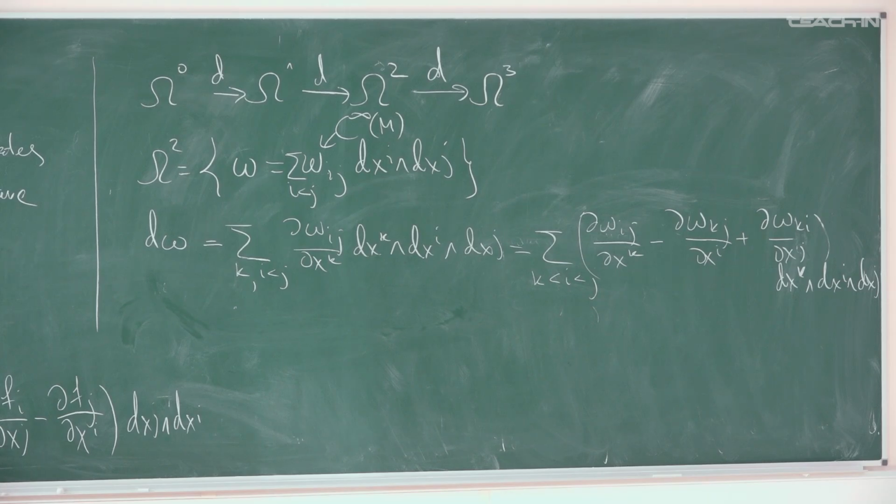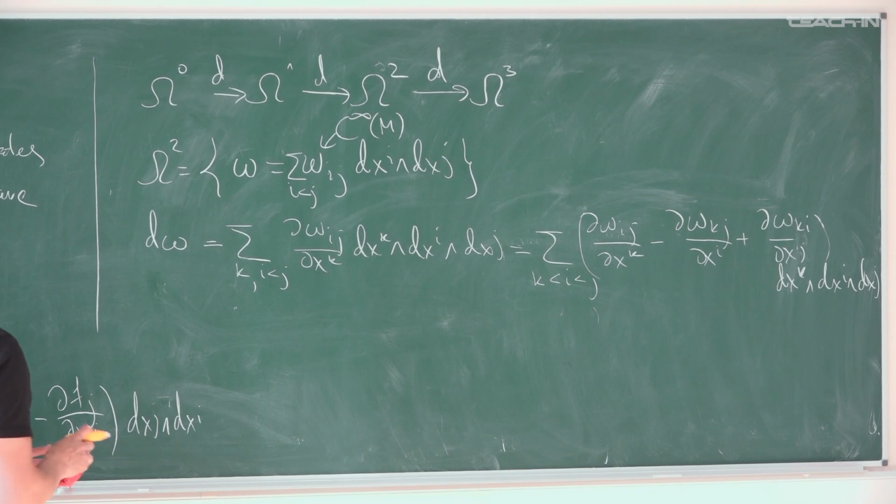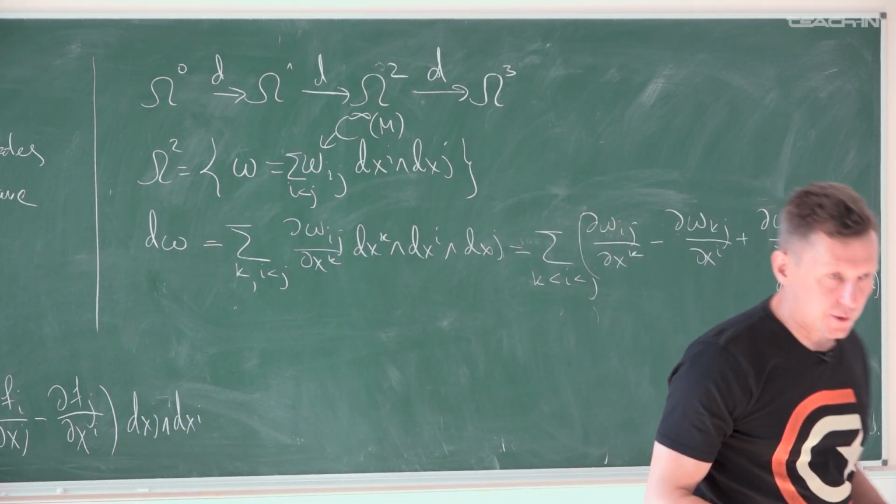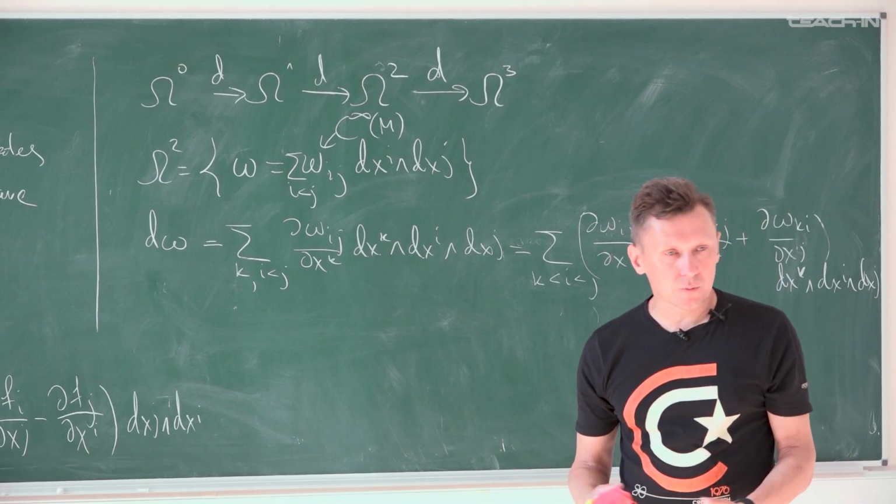Okay. I introduced all these difficult issues to give another interpretation of the Poisson property, the Jacobi identity of a Poisson bivector.